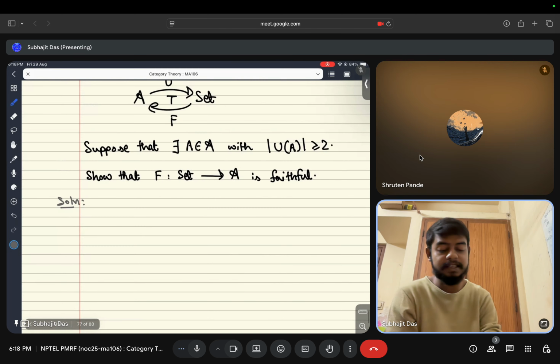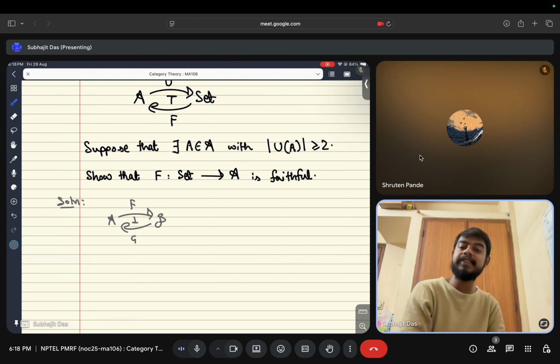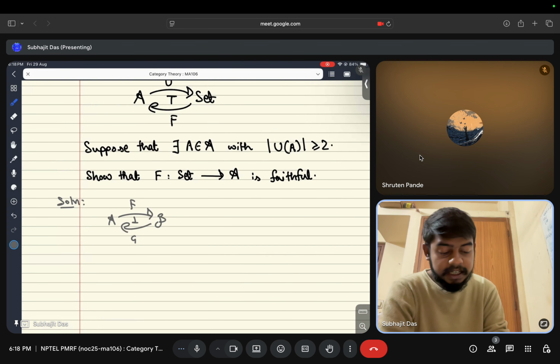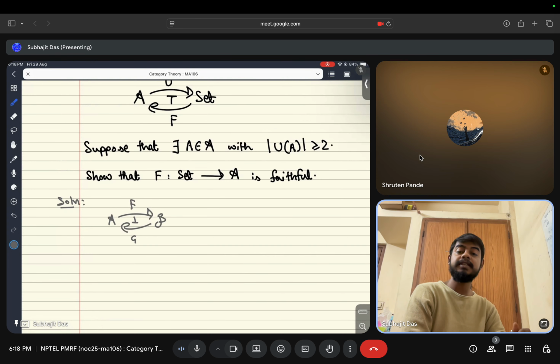So, for instance, you learned that if you have an adjunction of categories, let's say F is the left adjoint, G is the right adjoint, then the left adjoint F is fully faithful if and only if the unit of the adjunction is a natural isomorphism, right? And dually you have a theorem for the right adjoint.